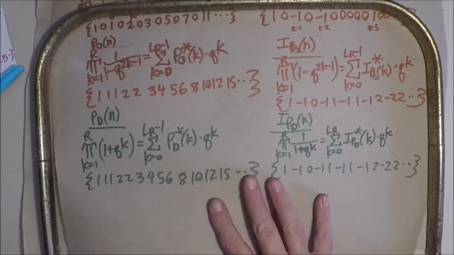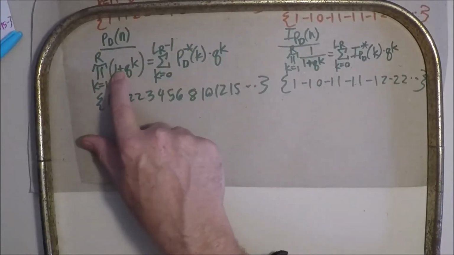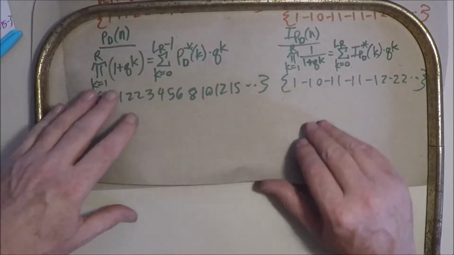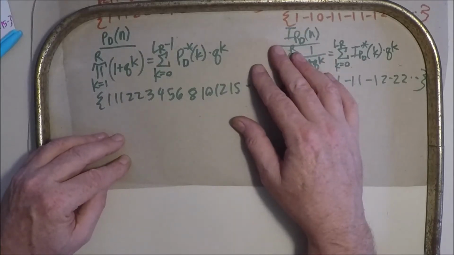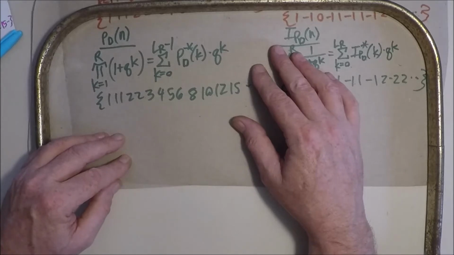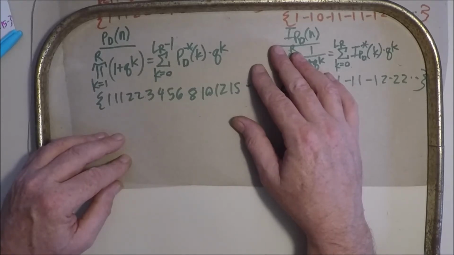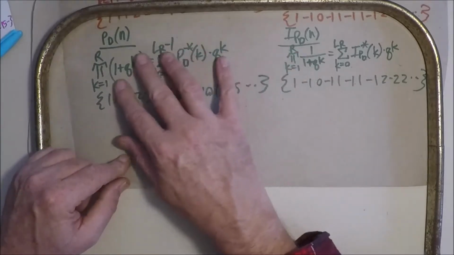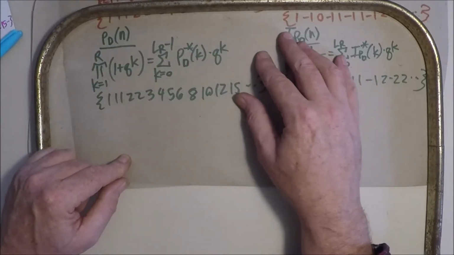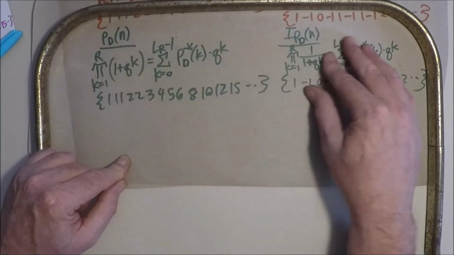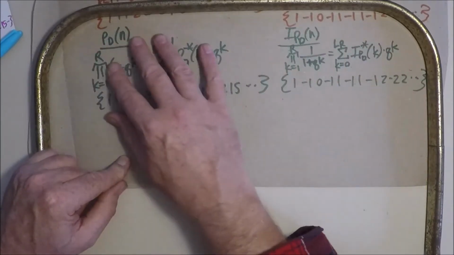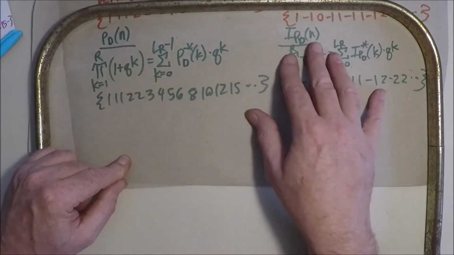Recall that in trying to figure out what the heck this one was, we had a run-in with one that counted partitions into parts such that no part was repeated more than twice, and that going down a degree from degree equals 2 to 1 gave us the distinct parts, aka partitions into parts with no repeated part.